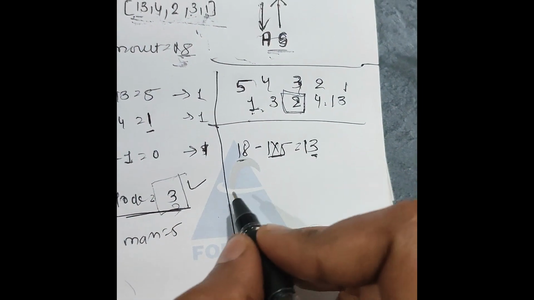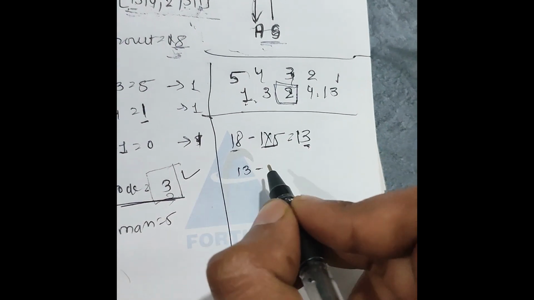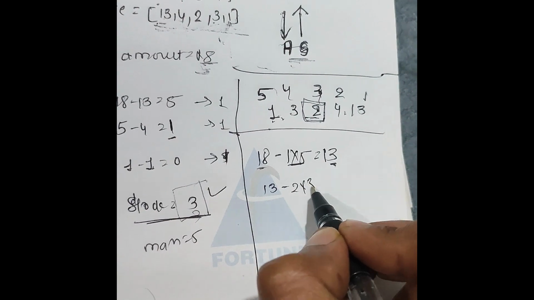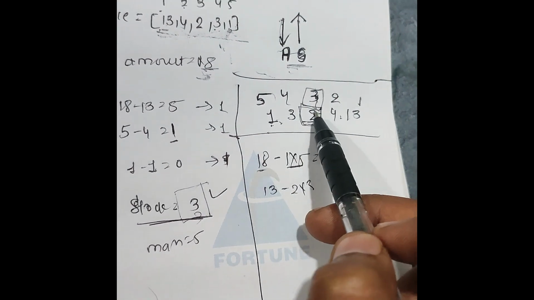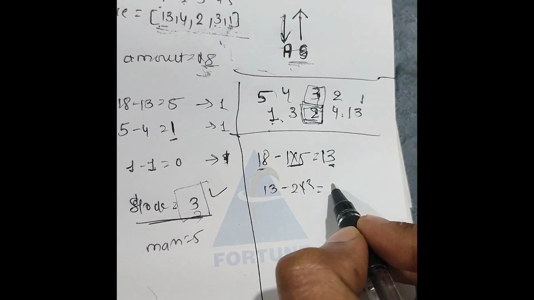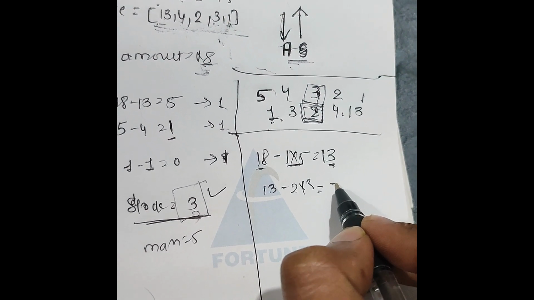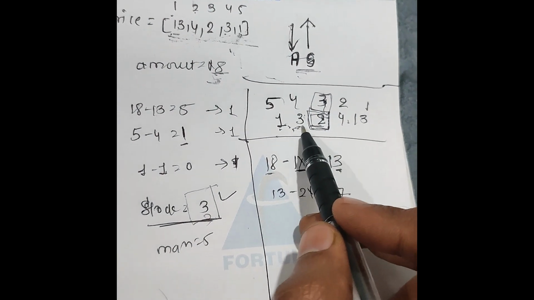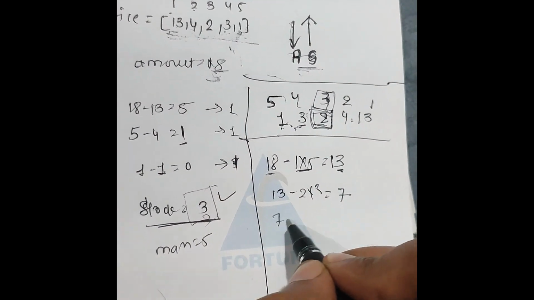So how many stocks can we buy with 2? Like 2 into 3, you can see we can buy 3 stocks of value 2. So 2 into 3 gives us 6, and 13 minus 6 gives us 7. Okay, so now we can buy stocks with value 3 of quantity 1.